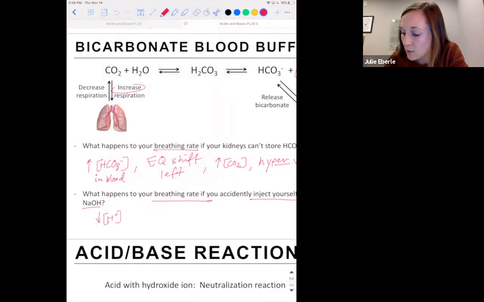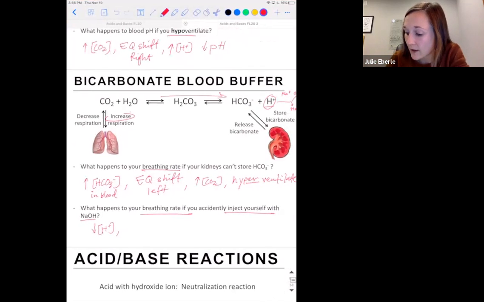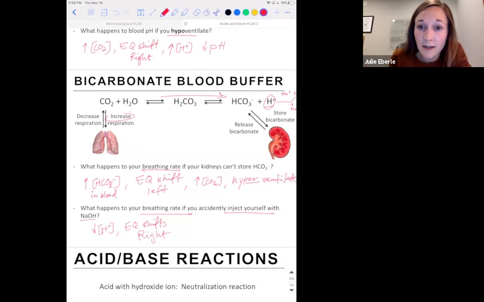Okay, so if we lower H plus, which way would equilibrium shift? To replace it, it's going to shift right. It's going to shift right because we need to replace the H plus that NaOH is taking away. So shift right. What's that going to do to the concentration of CO2 in our body?